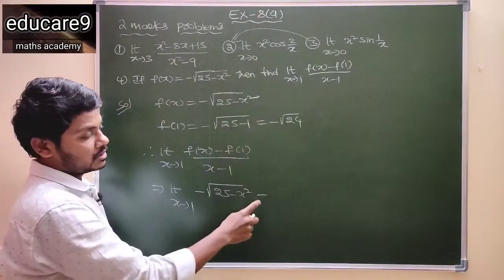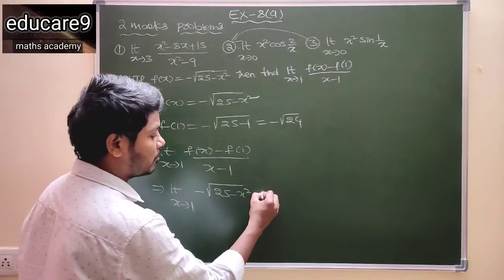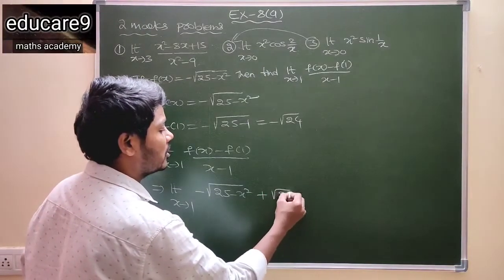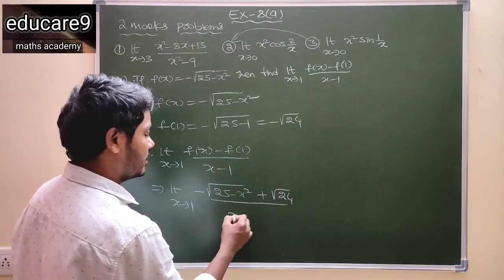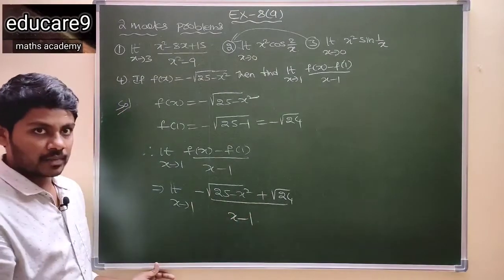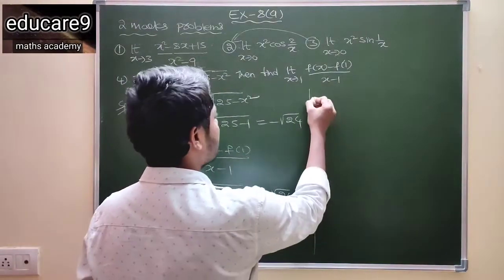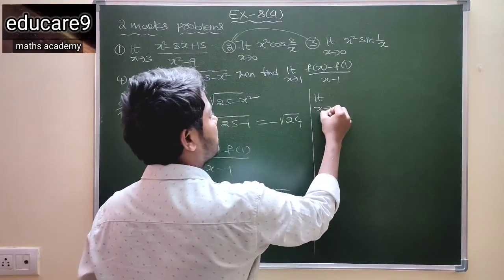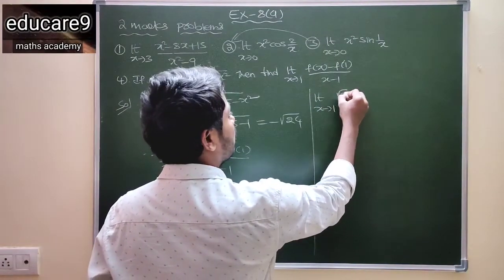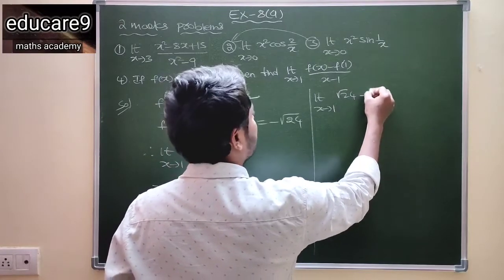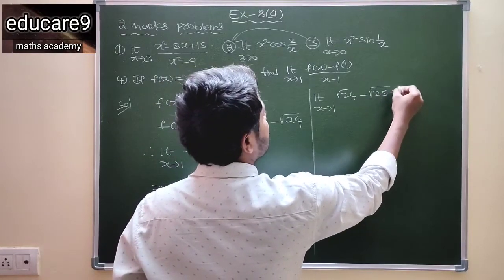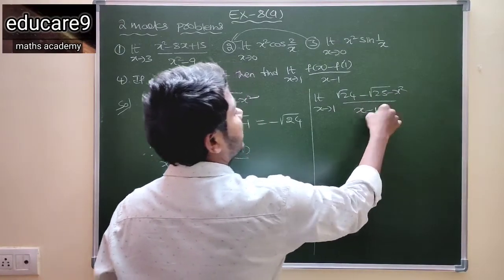Minus root 24. Again minus, so we will get plus root 24, divided by x minus 1. Now see here, this can be written as limit x tends to 1 of root 24 minus root 25 minus x square, divided by x minus 1.